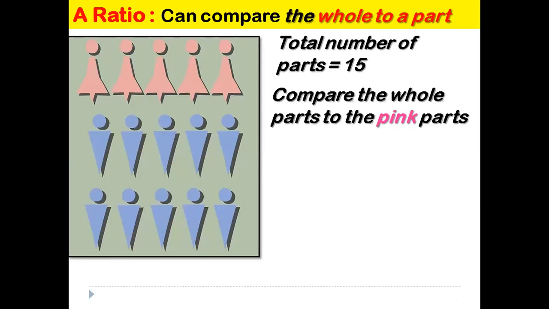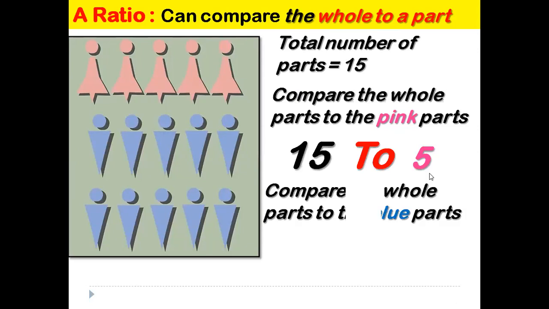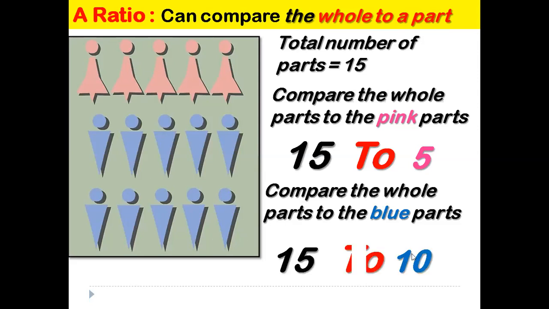No, in ratios, it's very important to follow the ordering of the words in the question. Here, we started by saying compare the whole. So how many whole shapes do we have? 15. To how many pink parts? 5. Exactly the same if you use the blue: 15 whole to 10 blue.